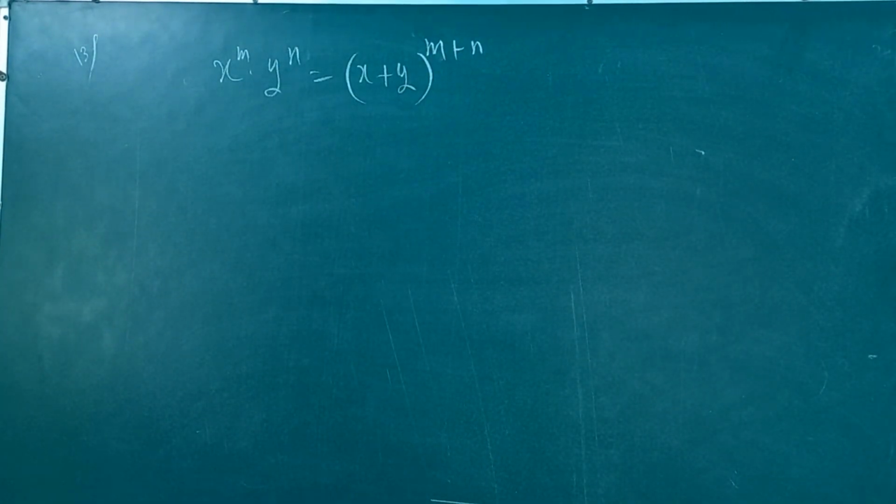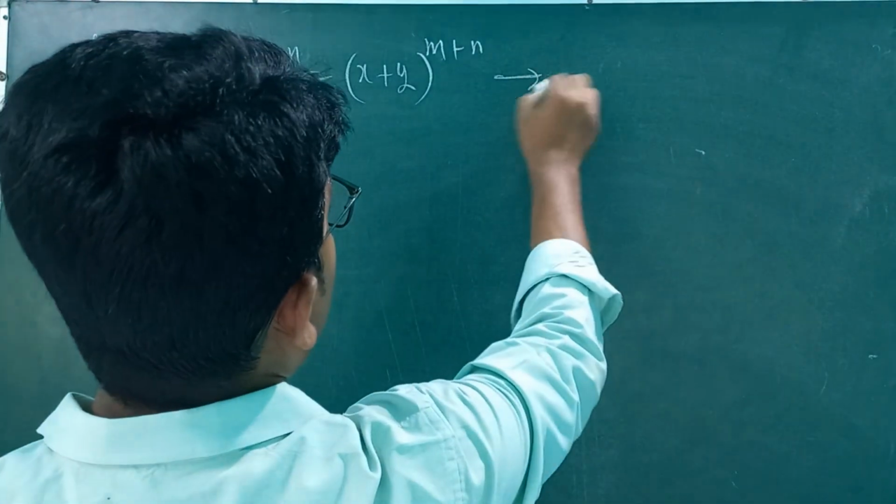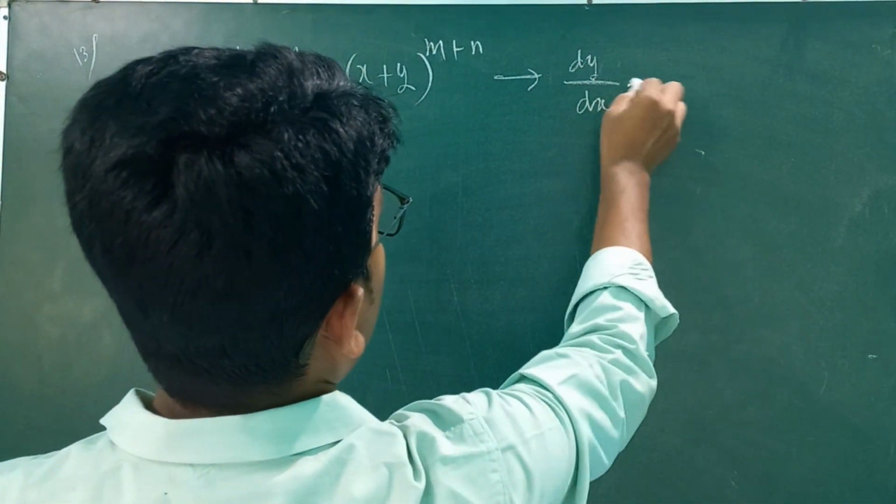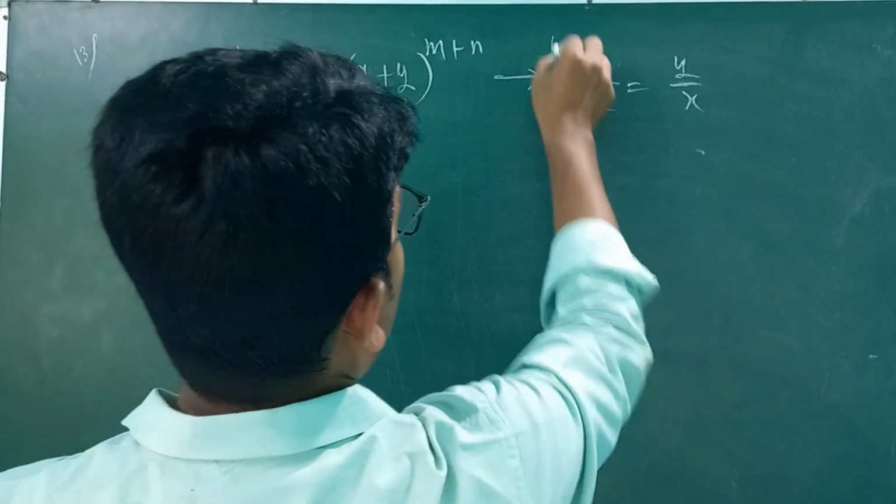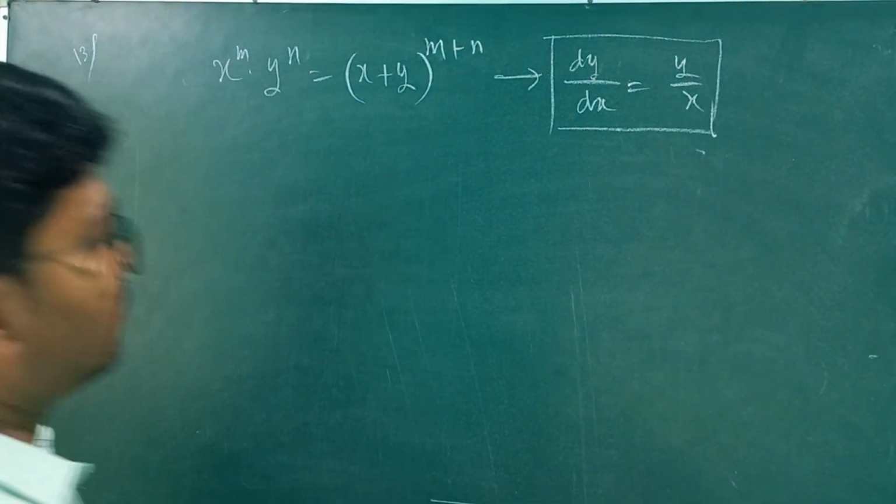Now this is a very conventional structure. Its derivative will be only y by x. You can remember it as a formula, but I will prove it here.